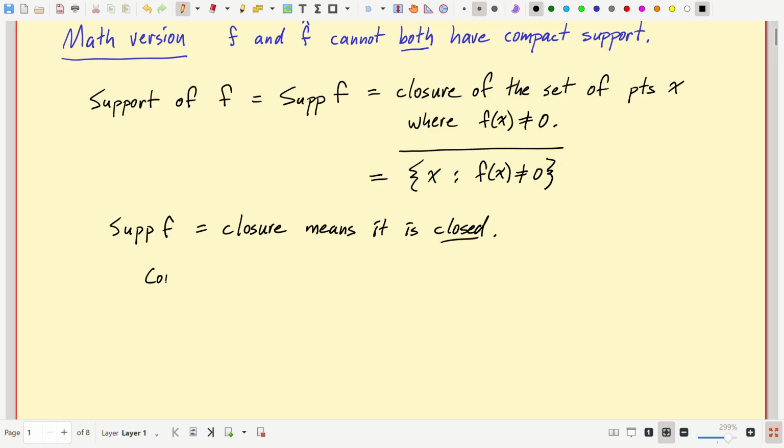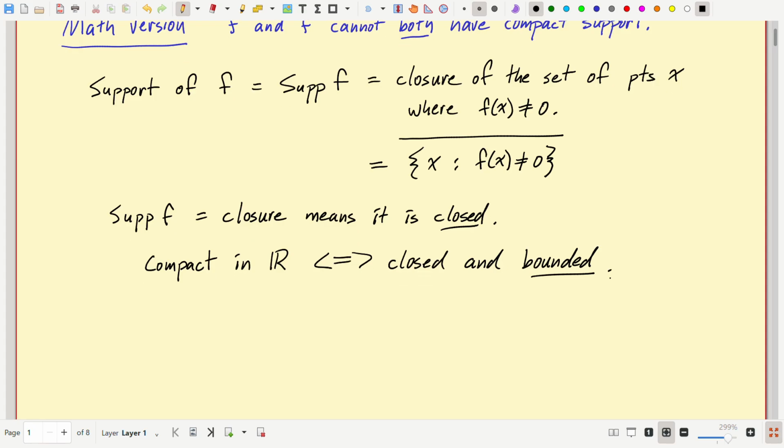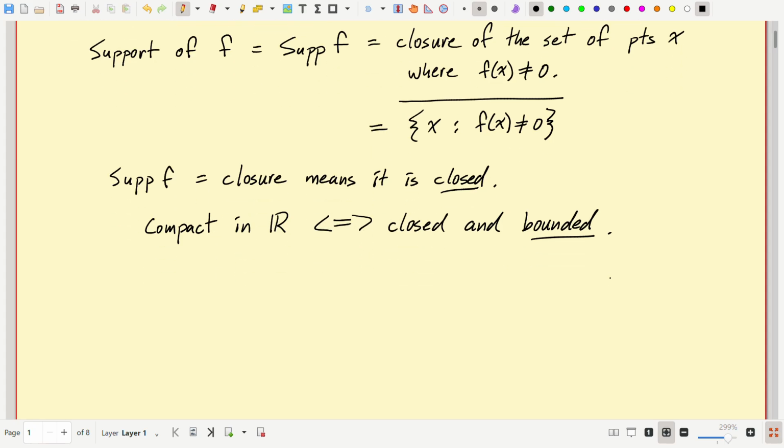So basically, this just means that the set where f is not equal to 0 is bounded. Compact in R is equivalent to closed and bounded. So the big deal is the boundedness.